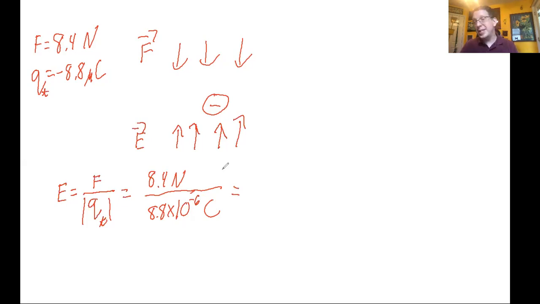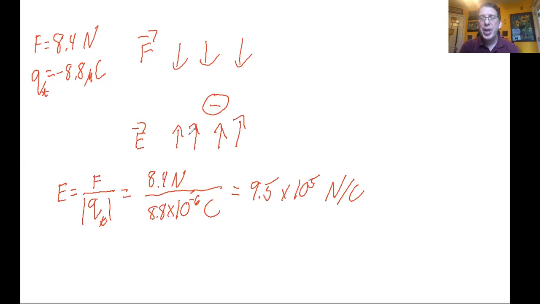So you do the math. And so that's 9.5 times 10 to the 5 newtons per coulomb. And so that's the magnitude of the electric field, and the direction of the vector is upward because it's in the opposite direction of the force.